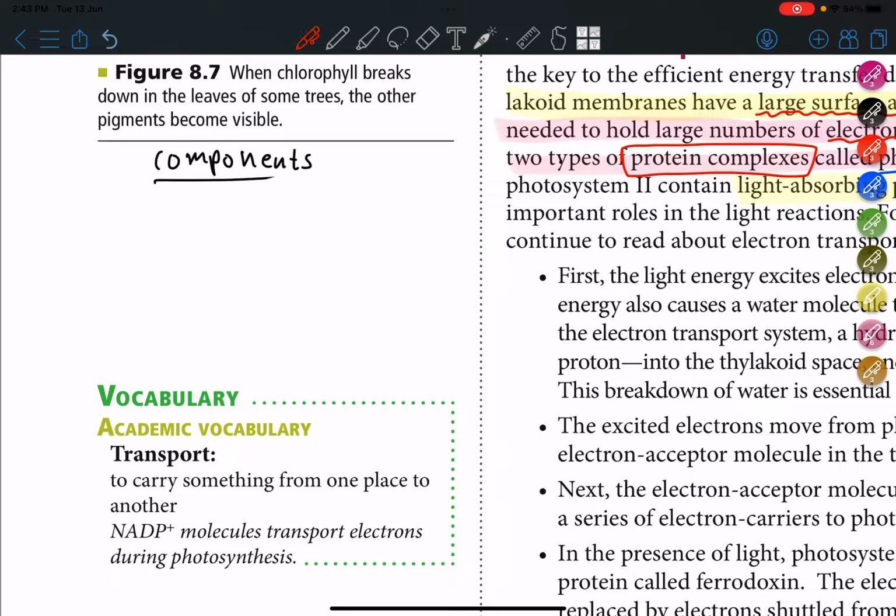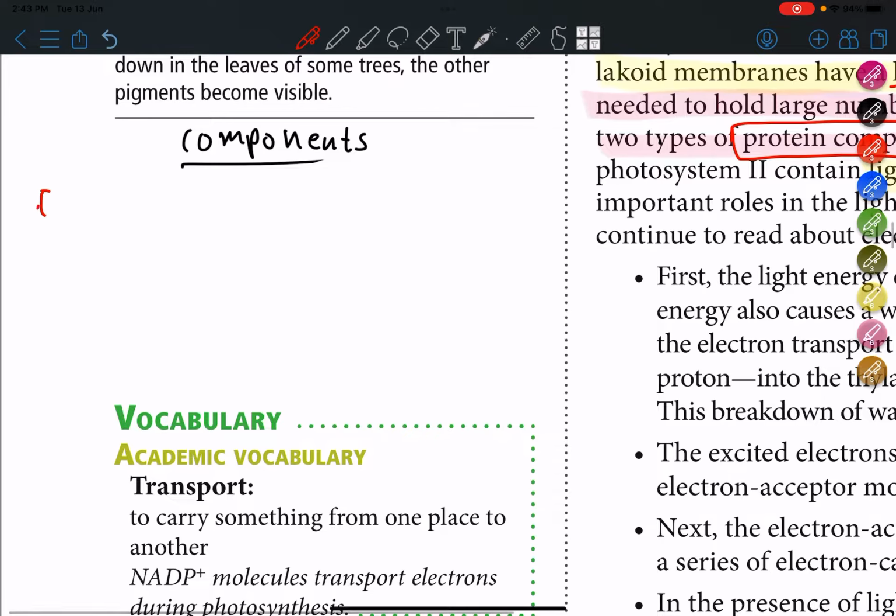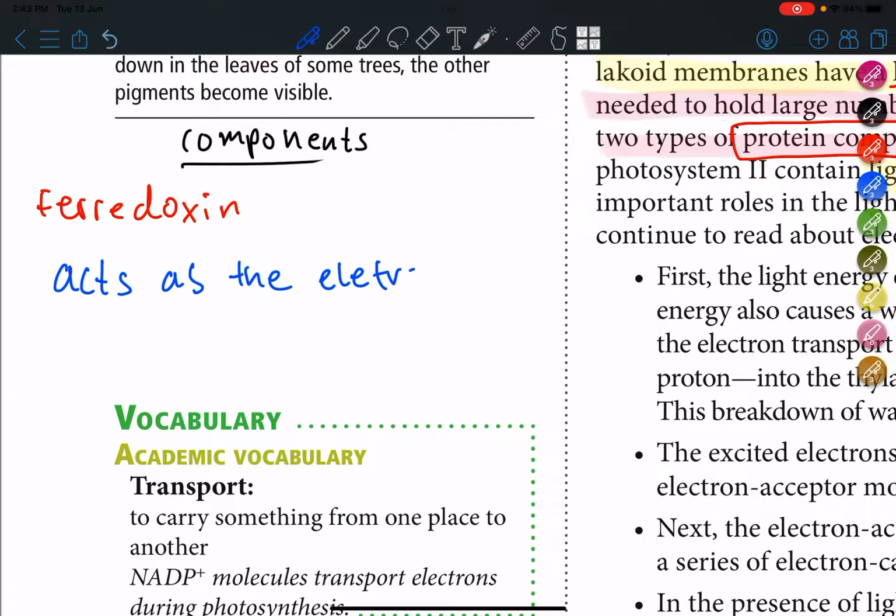So, ferredoxin. We have ferredoxin. Now, ferredoxin is an iron-containing protein which acts as the electron acceptor.